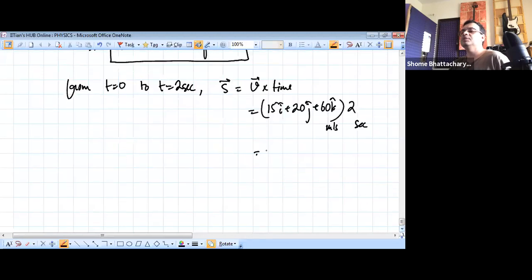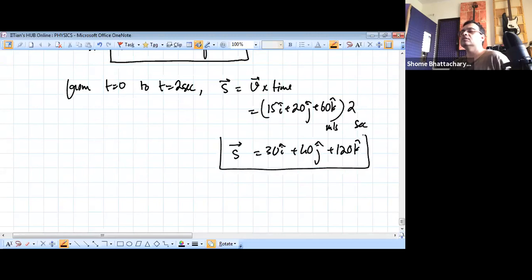So the displacement will become 30i cap plus 40j cap plus 120k cap. This is the displacement in 2 seconds, the displacement from 0 to 2 seconds.